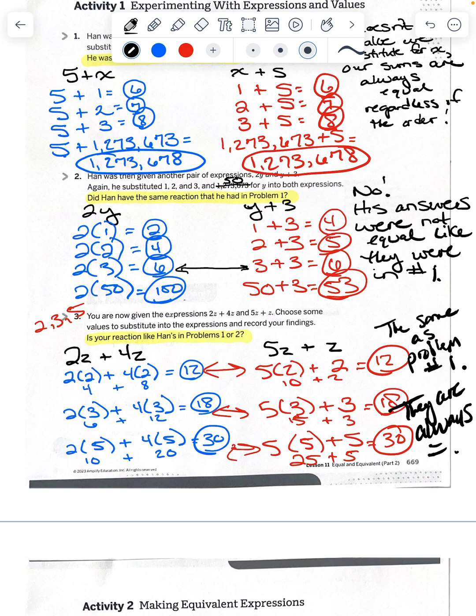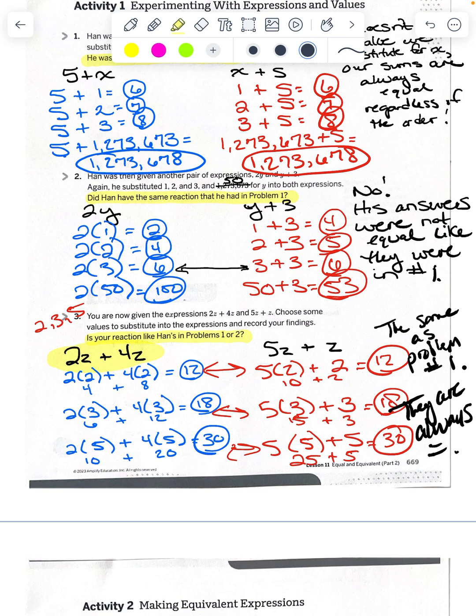Now, I want you to think, why would these always be equal? 2z plus 4z and 5z plus z. Okay, I'm probably getting a little bit ahead of myself, but look at this expression, 2z plus 4z. Since they both have a z connected to them, you can combine them.